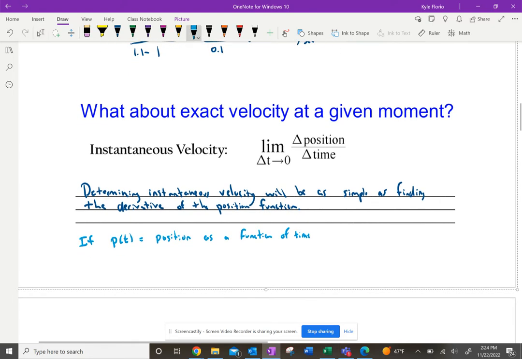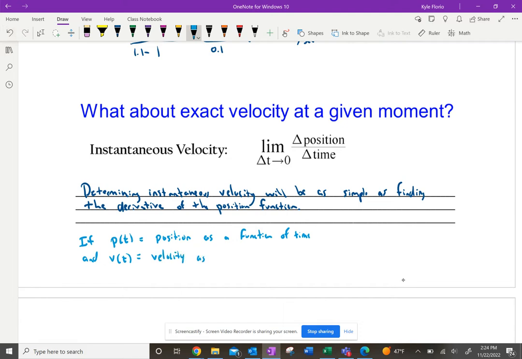So if p of t is the position function and v of t, we'll call it the velocity function, velocity as a function of time, then if I take the rate of change of position, which is the derivative, that's how we find a function that tells me velocity.